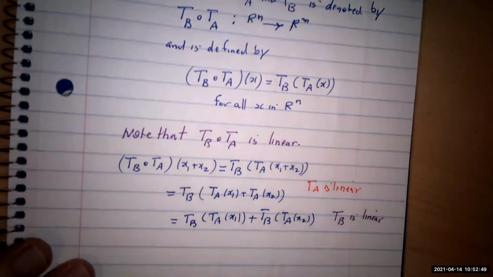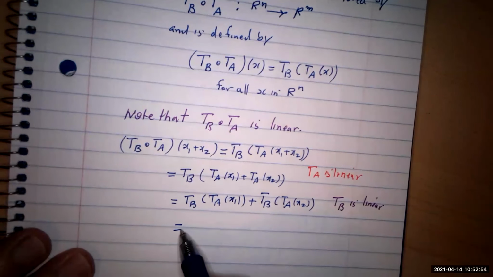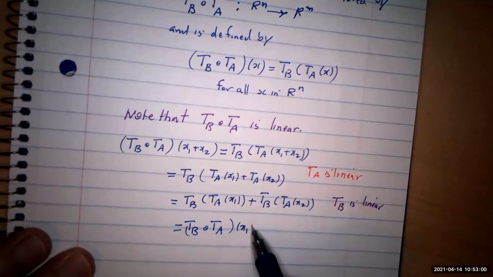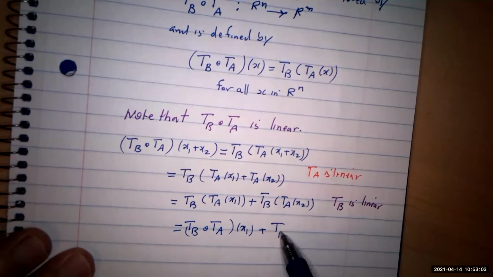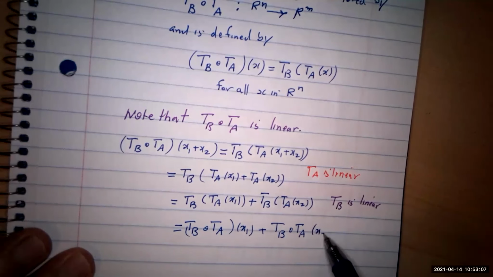Using the definition, this is simply TB ∘ TA at x1 plus TB ∘ TA at x2.